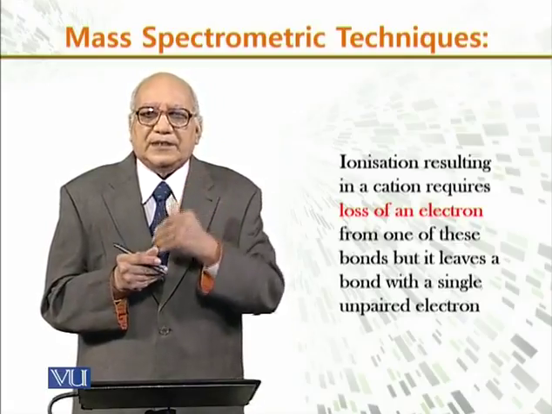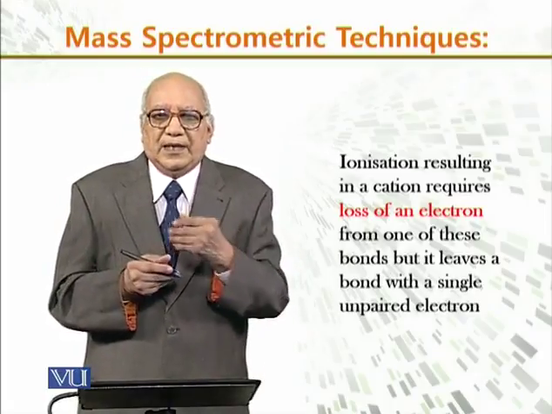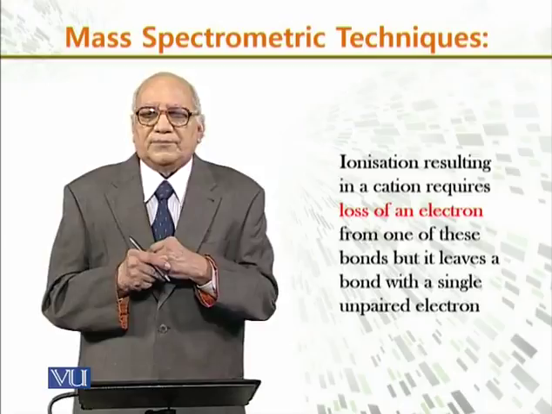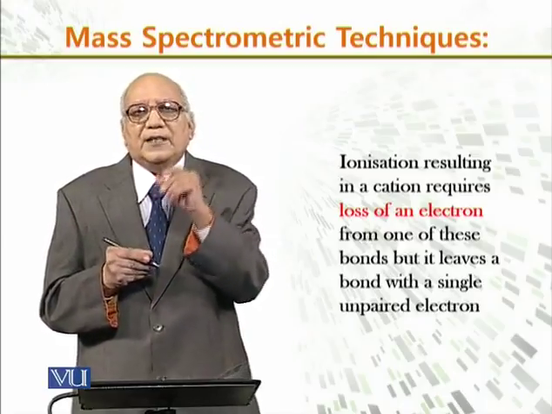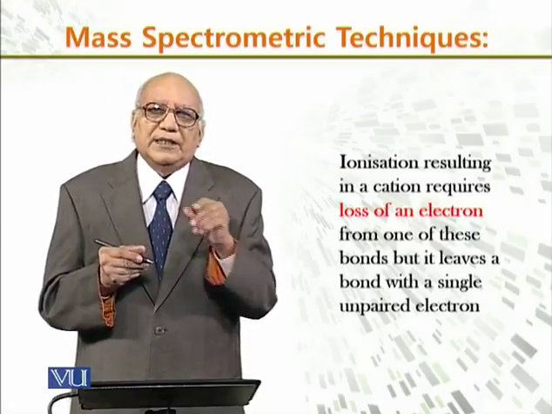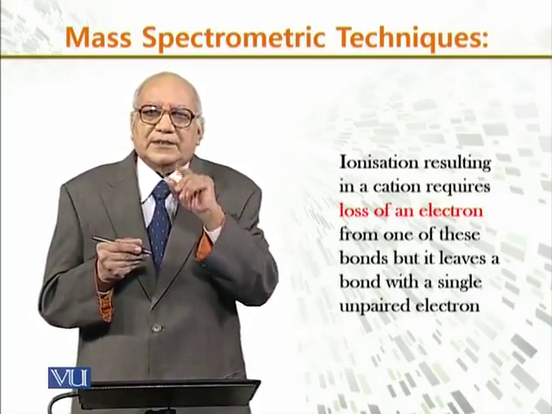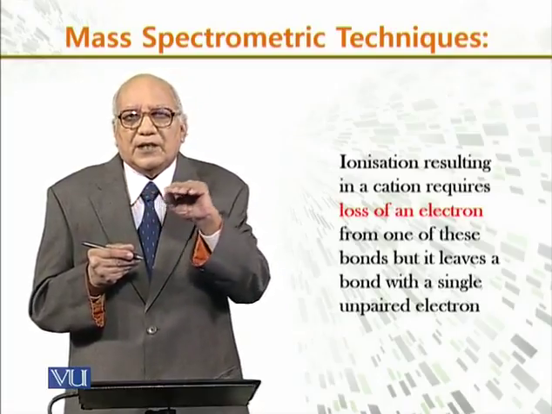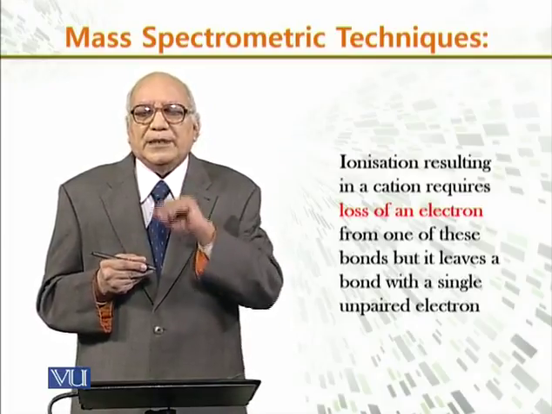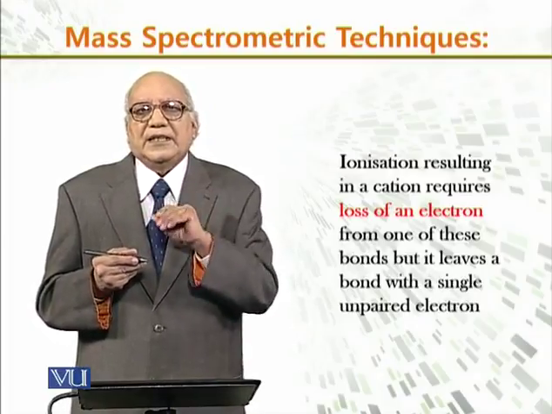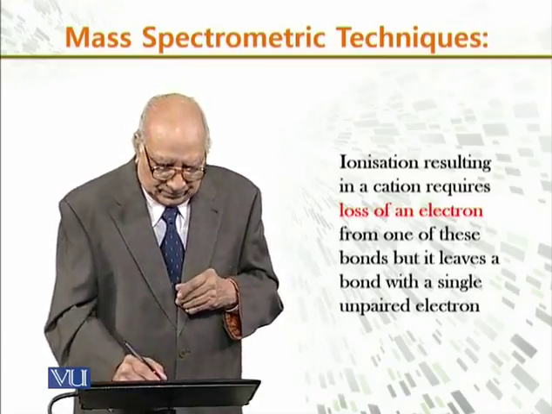Whenever there is a loss of an electron, a cation is produced. And from one of these bonds, it leaves a bond with a single unpaired electron, where there were pairs of electrons. That is, there is an electron which is not paired.